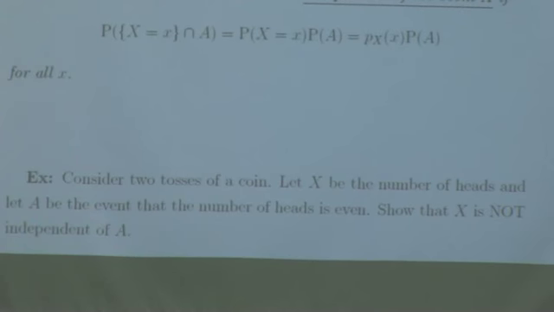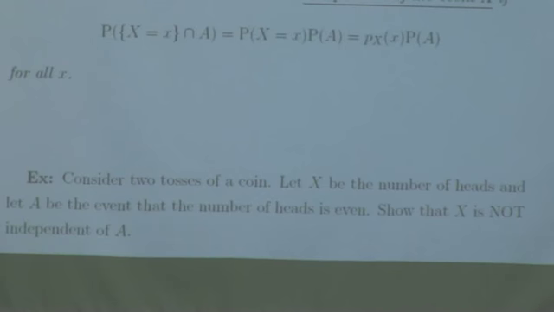A is the event that the number of heads is even. Do you think X is independent of the event A? Let's check the condition. The probability that X equals x and A. Does it break into this product? So is the distribution of X independent of whether the number of heads is even or not? I guess not, because when the number of heads is even, we know that the number of heads is not 1.